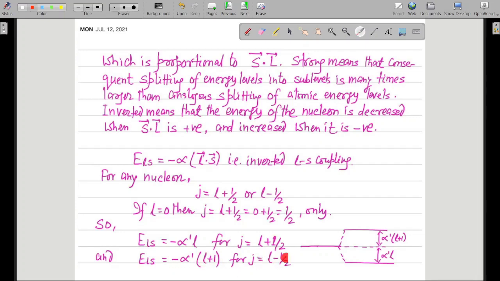So when J is lower, this value of energy is lower. And when J is higher, what will happen? This value is higher. So you can understand it. This is just mathematical manipulations. You can yourself do all these things.